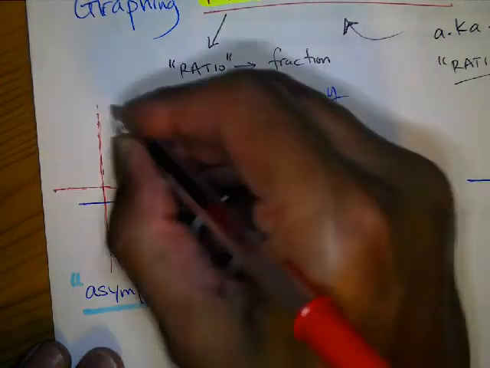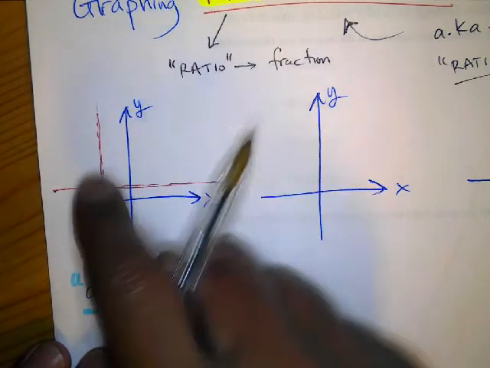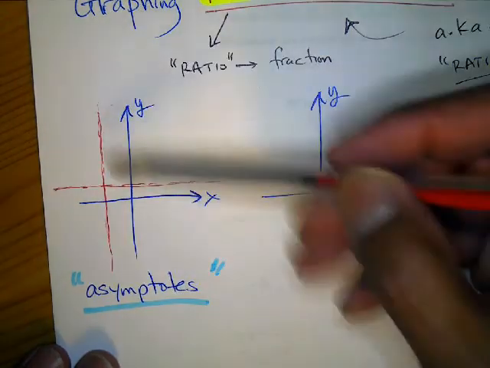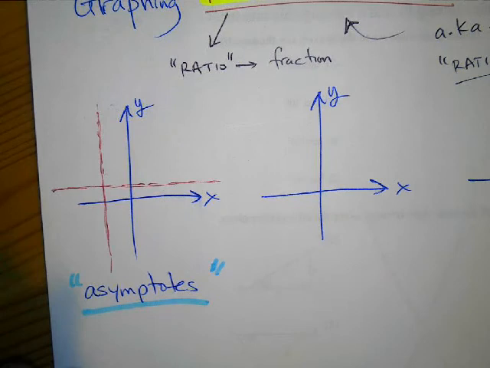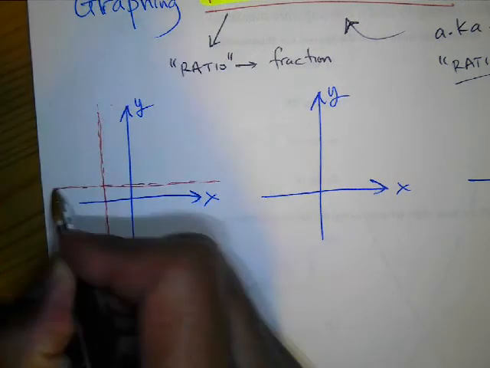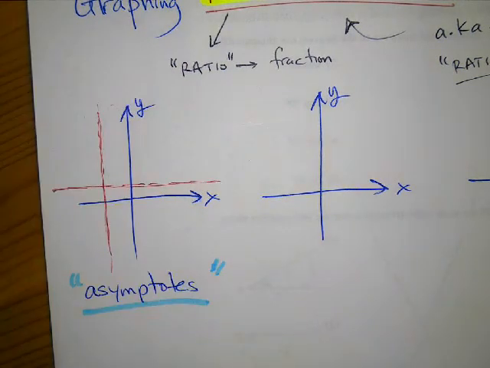Now we're going to focus on the quadrants here. These asymptotes are like boundary lines that the graphs can't pass, but they help you as a guide to graph.